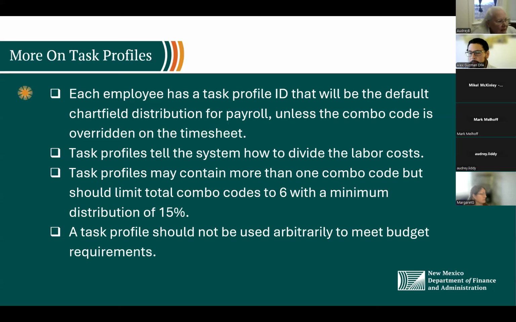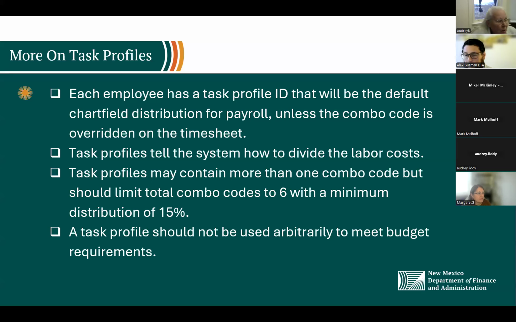But when you look at how a task profile works in relationship to the TRCs that we code, every TRC on a timesheet is broken down according to a task profile. So if somebody took 15 minutes of sick leave and they are paid $20 an hour, that means $4 is broken down within the 6 combo codes that you have in the task profile.